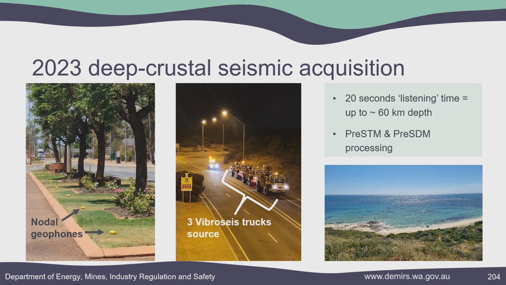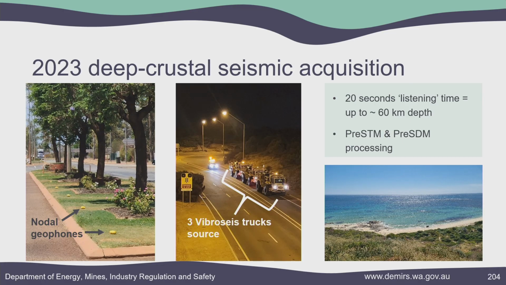So here in the right photo, it's not just a lovely picture of a beach on my holiday, it's the westernmost end of the southern line near Hamelin Pool. You can imagine at daytime, there's a lot of tourists in that area. And in the middle there is one of the highways near Geraldton. So that's why some of the acquisition took place at night to minimise that noise that we'd get from traffic.